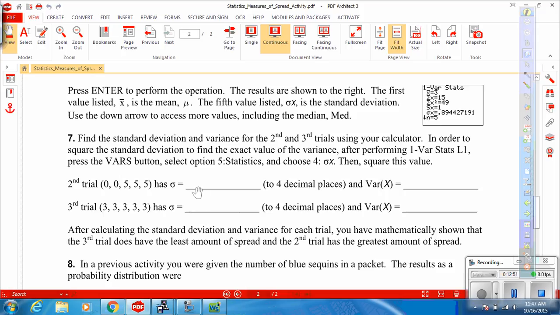The first set, they were a little different, so it had a standard deviation of like 0.89. So there was some difference, but there was one that was the same, it was still fairly close. The ones with the 0s and the 5s, they were a whole 2 off. That was a bigger standard deviation. That was more spread out. So standard deviation is helping us to measure what is the spread of the data.